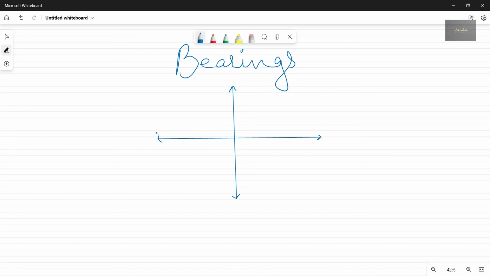On a piece of paper, we always draw north upward, then east is on the right side of the north, and south is opposite to north, and west is opposite to east. Now north is our basic axis, right? All the bearings are measured from the line of north.